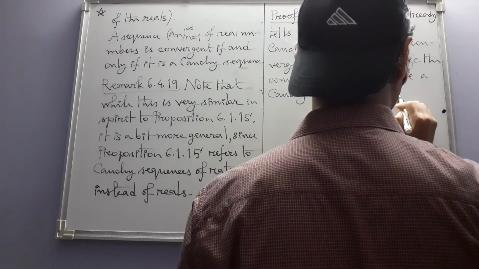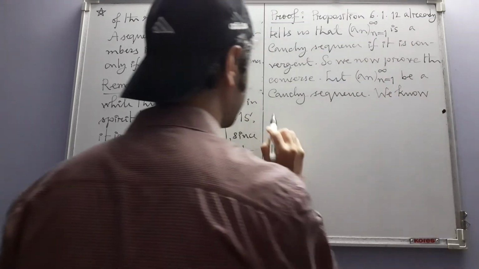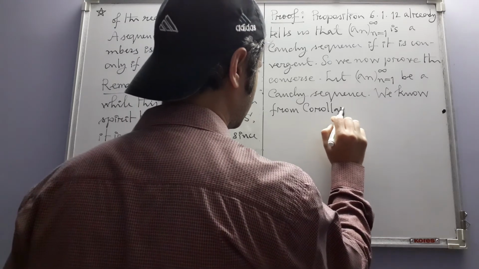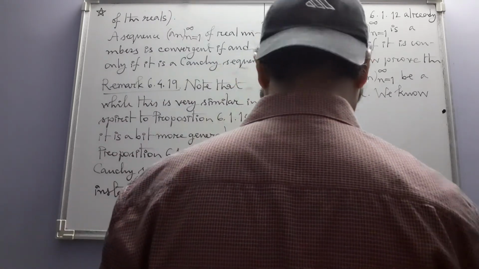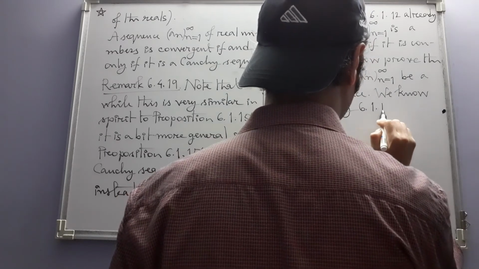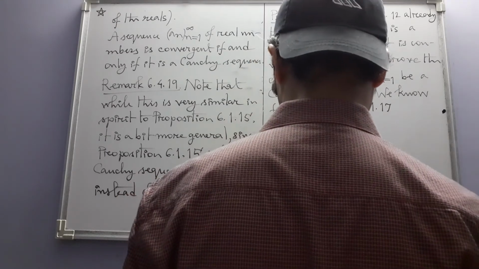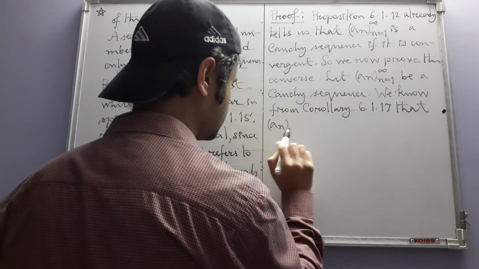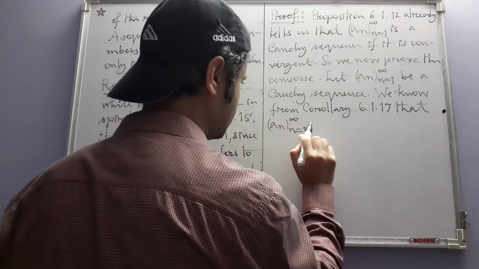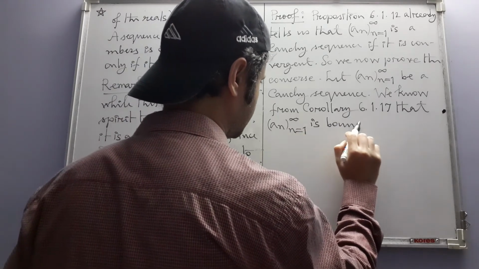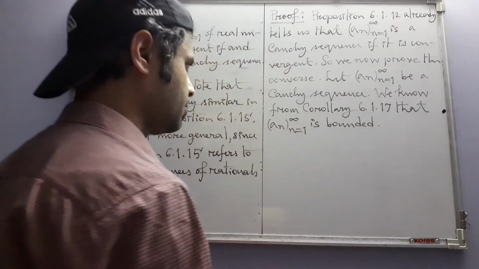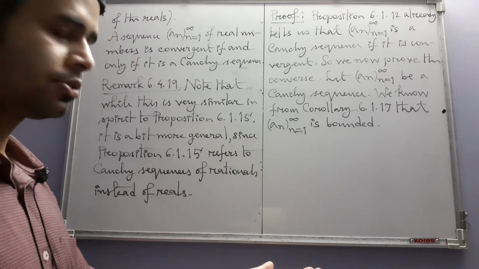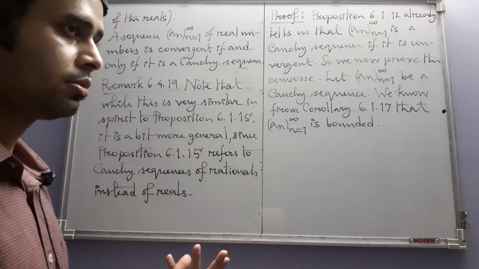We know from Corollary 6.1.17 that our sequence is bounded, and because the sequence is bounded, its limit superior and limit inferior are both real numbers.